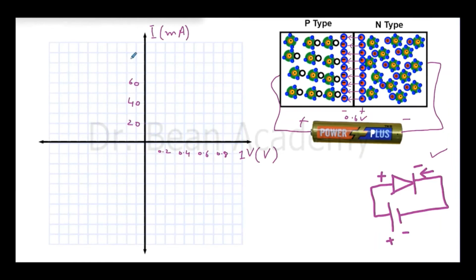Or I can just write 80, and then 100 milliamperes. So now the graph is set up.